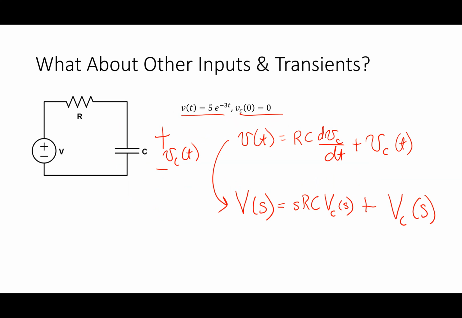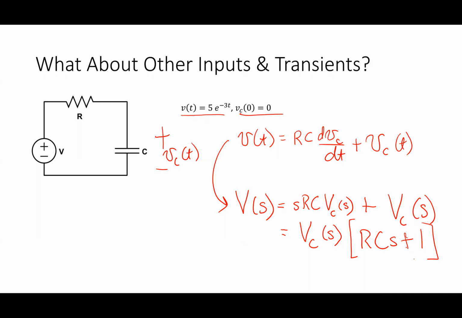So this becomes Vc of s times what? How can I rewrite this expression? It would just be RCs plus 1.